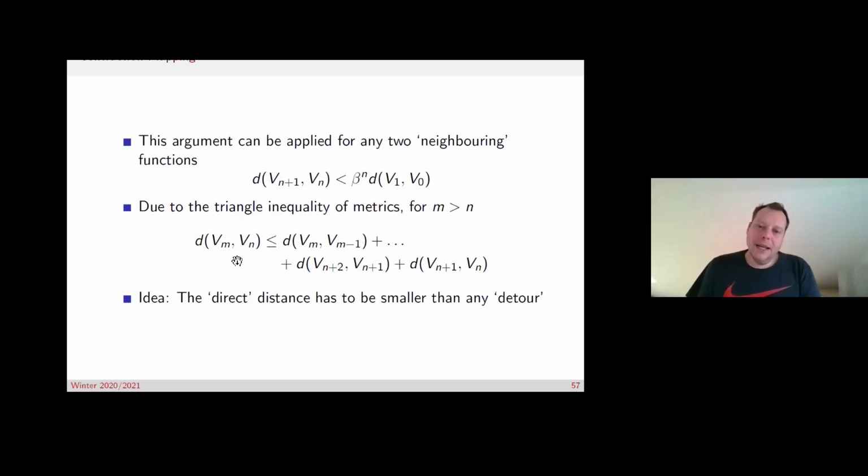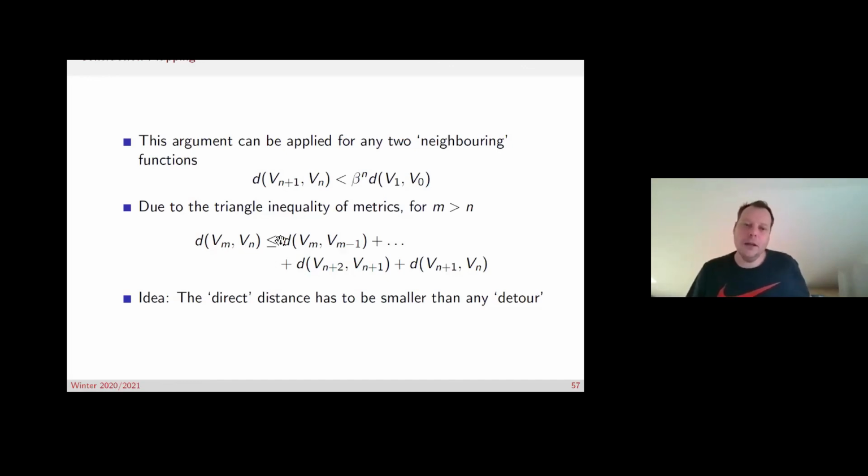You could now pick any part of your sequence and ask how that would relate to the original function. Since you only have an expression for neighboring functions, you have to rewrite this distance as a function of the distance between neighboring functions.